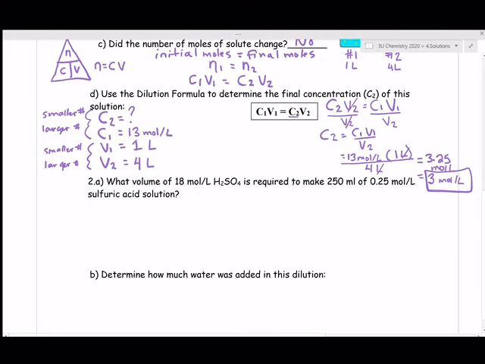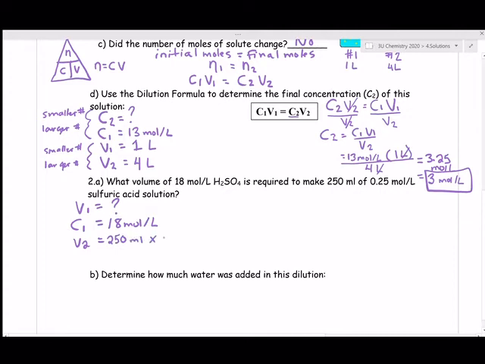Because I see the words to make 250 mils, that's how I know that that's what I'm going to end up with for volume. This question is asking for V1, okay? And the concentration of that very, very strong stuff that we're going to be using is 18 moles per liter. So V2, because of the keyword to make, is 250 mils.